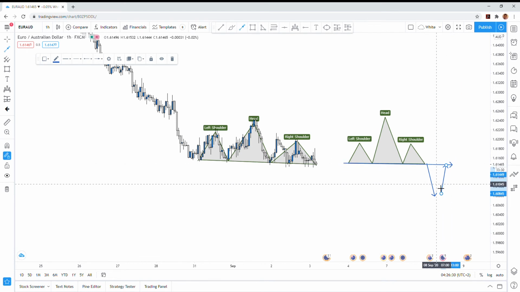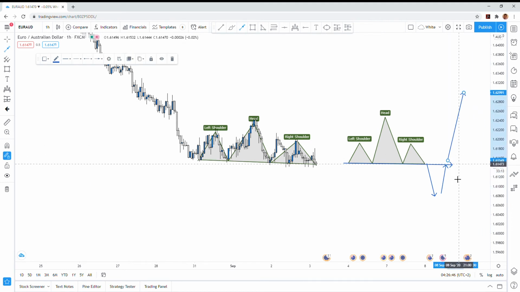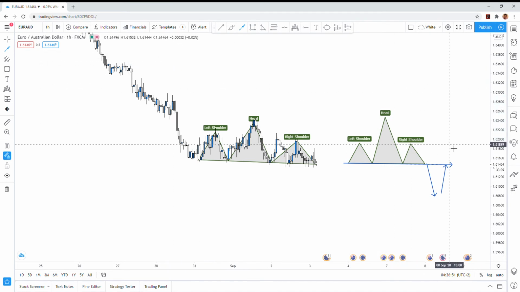But then what most traders also do is, when price breaks this neckline and it comes back, just because it has come back to the neckline, they've already put a sell limit, this and that, and normally they're taken out. The price can just decide to go up, and that's it, and you're left holding losses in your hand.